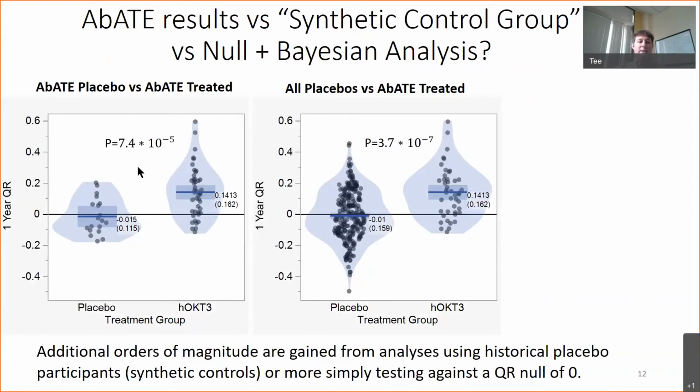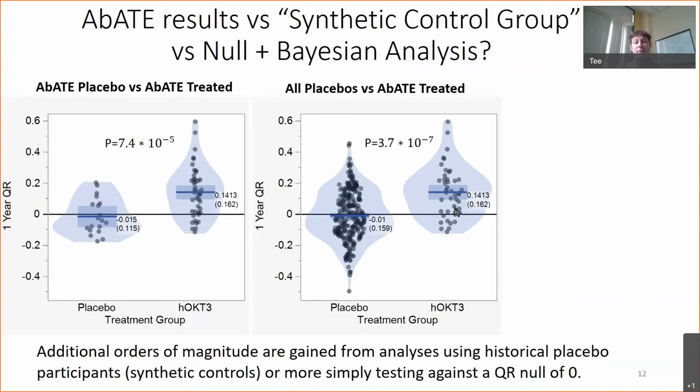So on the left, I'm showing the same data I showed before using the QR metric. And in the middle here, we're comparing against not just the folks who are randomized to placebo in the ADATE trial, but all previous subjects standardized for their age and baseline C-peptide value. And what you see is another 2 orders of magnitude improvement in the significance of the p-value.